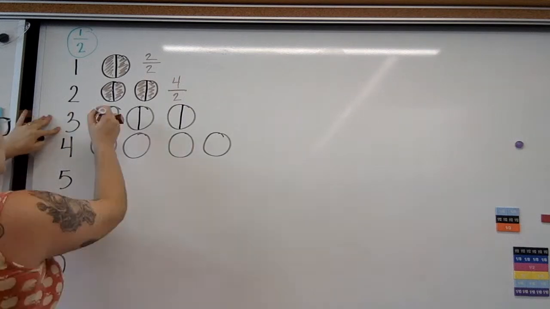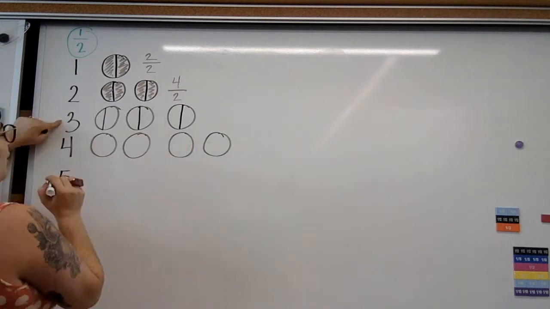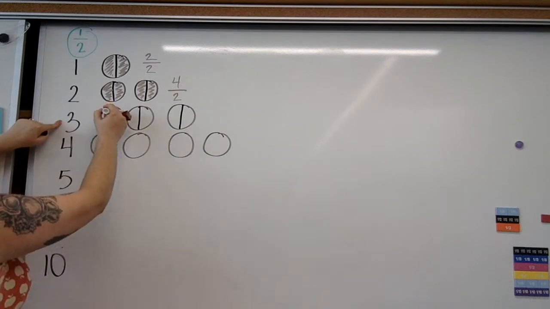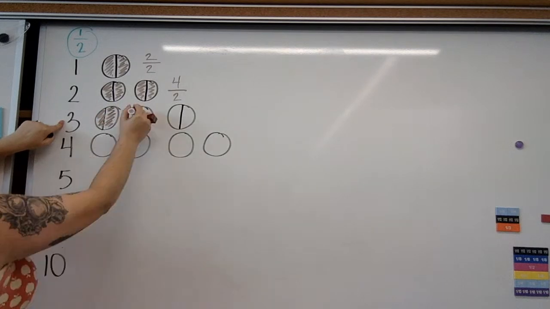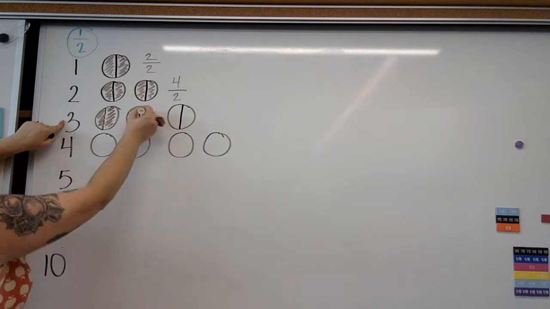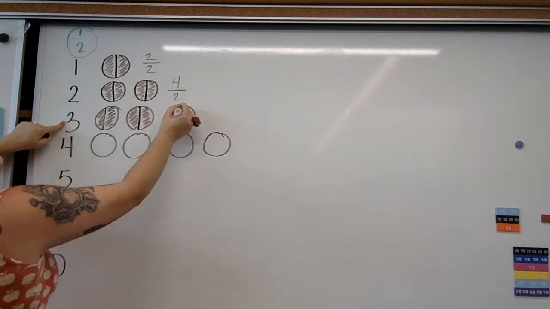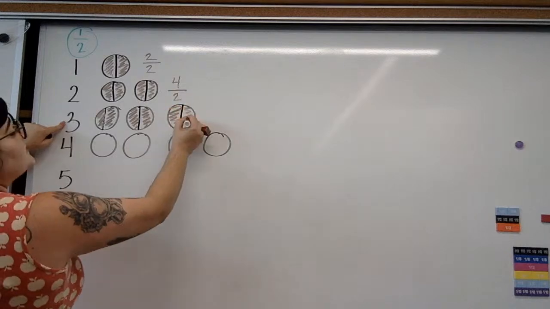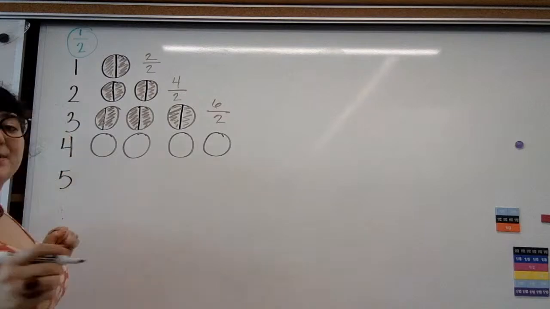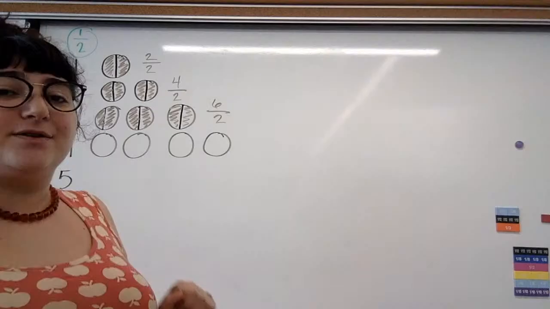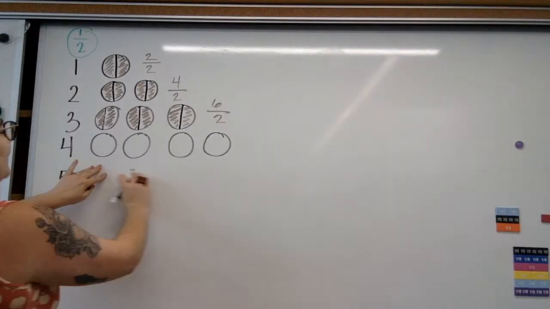Let's see how many halves we have with 3 wholes. 1/2, 2 halves, count with me, 3 halves, 4 halves, 5 halves, and 6 halves. And we can do this, to borrow a phrase from Mr. Taco, until the cows come home, right? We could keep on going.